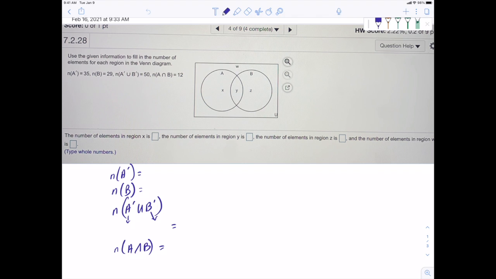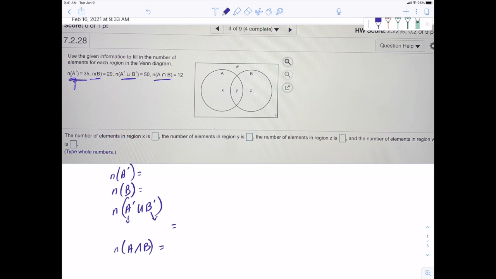It's going to be a little bit trickier to use our union rule, so we're going to need to use the logic rule here and just do it with a little bit of algebra. The number of things that are not in A, remember this symbol here means things that are not in A. So things that are not in A, again, are these two things.